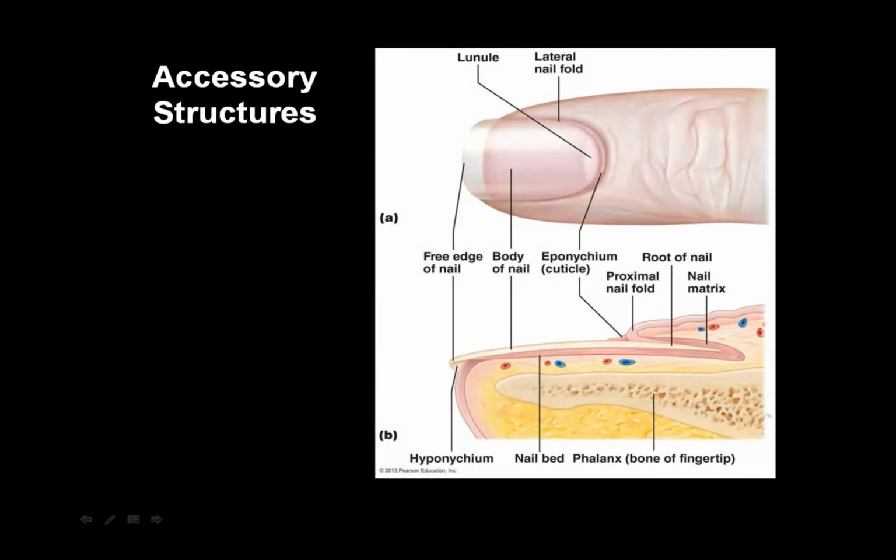All right, now our last accessory structure to talk about is the nails. Let's talk about the nails real briefly. I don't want to spend too much time here, but just briefly talk a little bit about what they are and a little bit about their anatomy. So first of all, fingernails are nothing more than flattened claws.